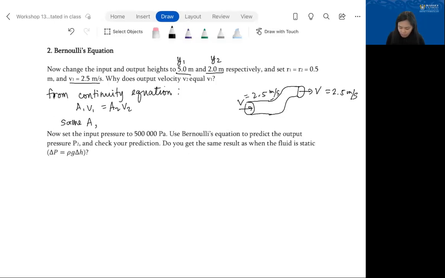Same A, meaning A1 is equal to A2, means that V1 should be equal to V2.